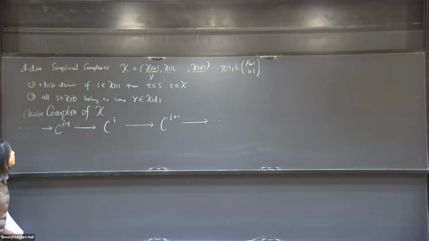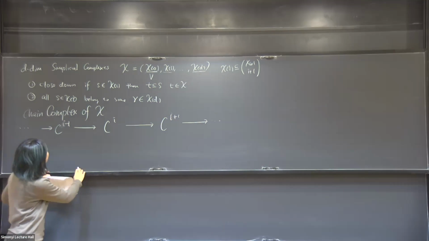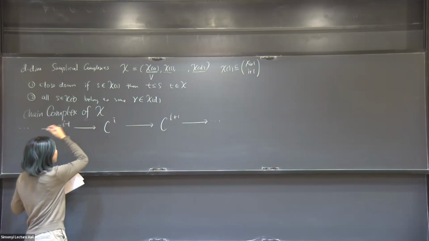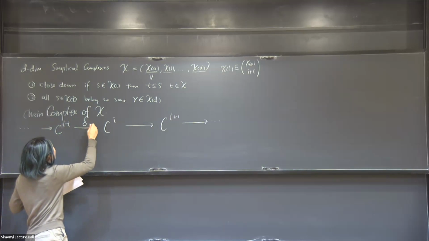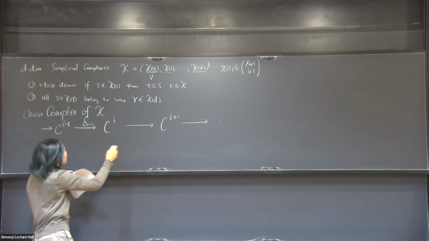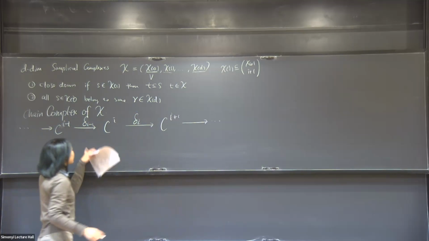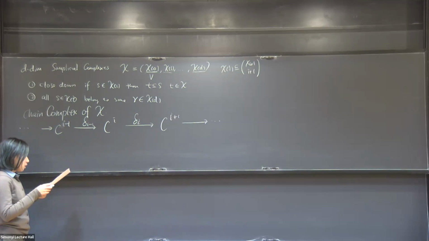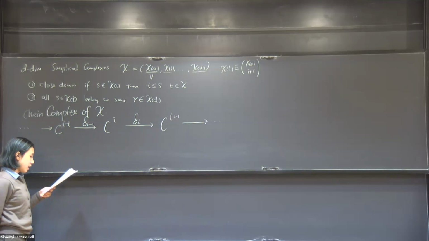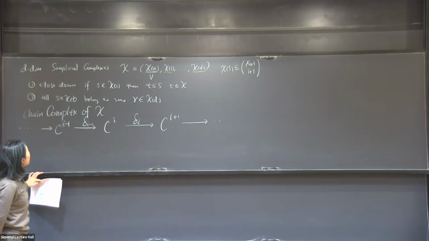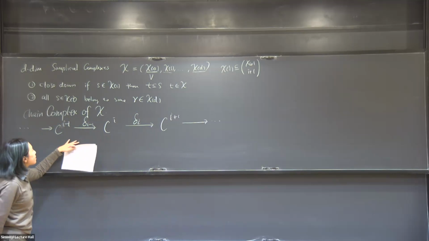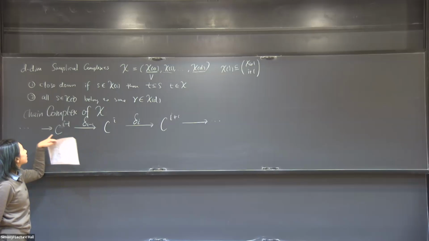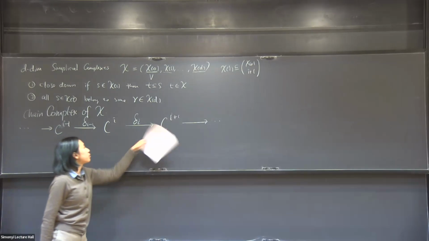Similarly as before, we want to define operators between them so that we can talk about things like cuts. We call this one delta of I minus 1 and this one delta of I. These are coboundary maps between these spaces of functions. You could probably already guess how these are defined: they are induced by the incidence graph between I minus 1 faces and I faces, and I faces and I plus 1 faces.